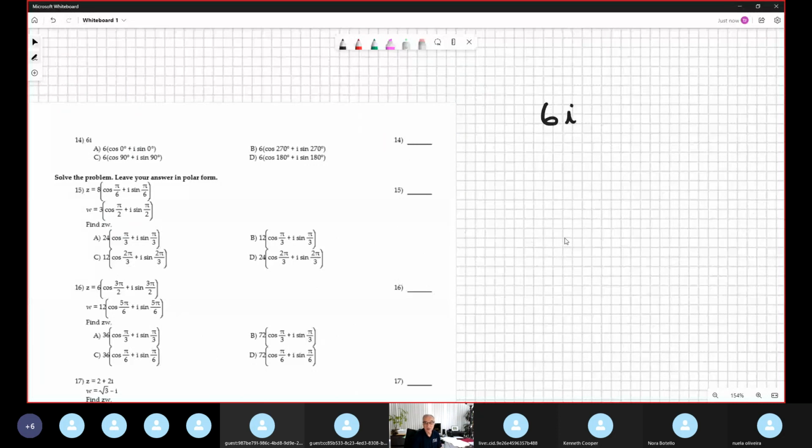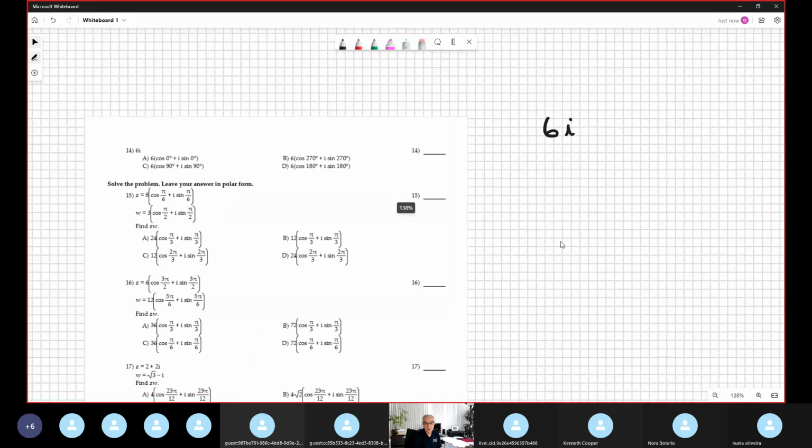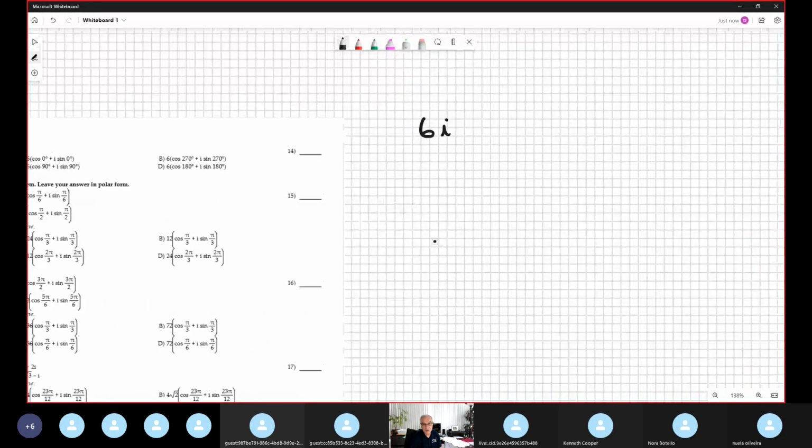It's a pure imaginary number, no real part. So si it's not real, you can suppose that this is equal 0 plus 6i. Makes sense, right? And remember, this is the x component, and this is the y component.